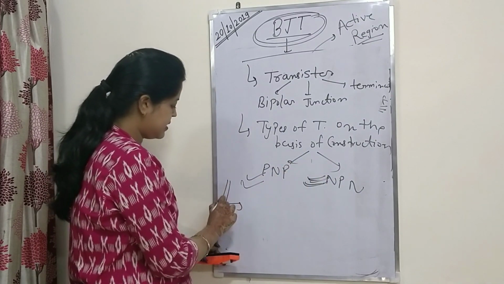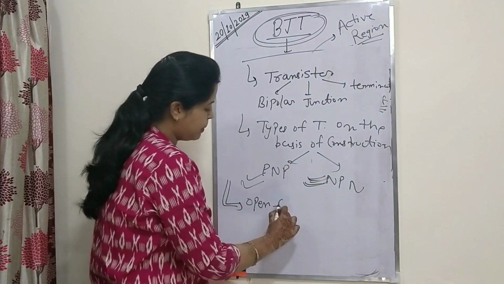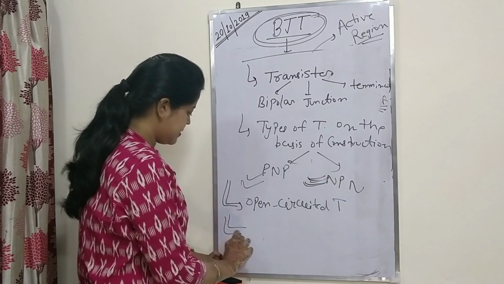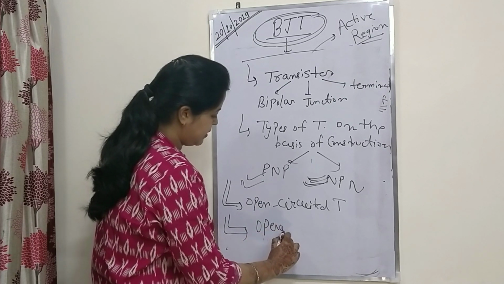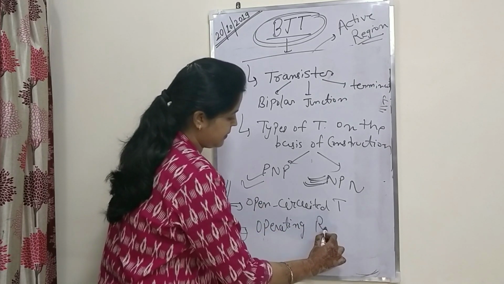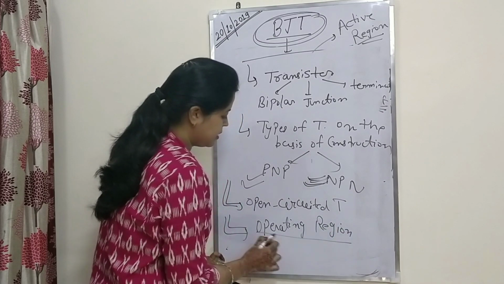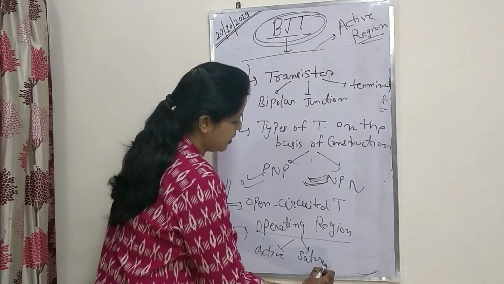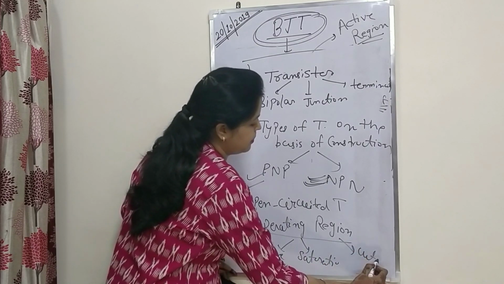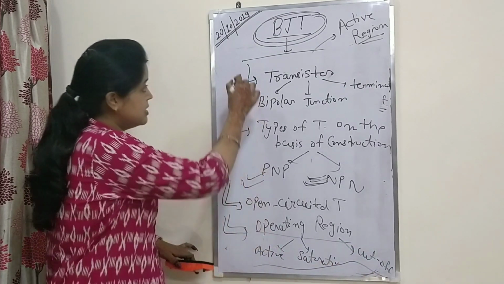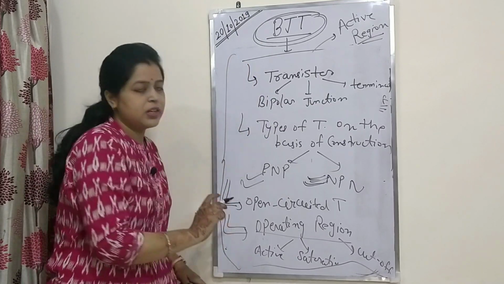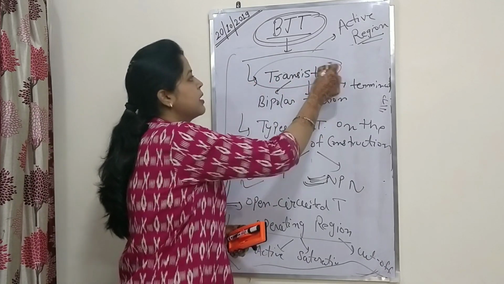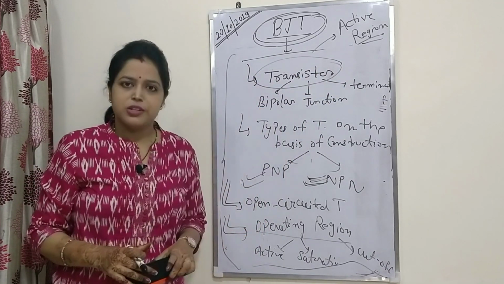Next I discussed the open circuited transistor, and the last is operating region of transistor with active, saturation and cutoff. So this is just the basic idea about the transistor, and in my next video I will go with the proper working mechanism or the operation of the transistor.